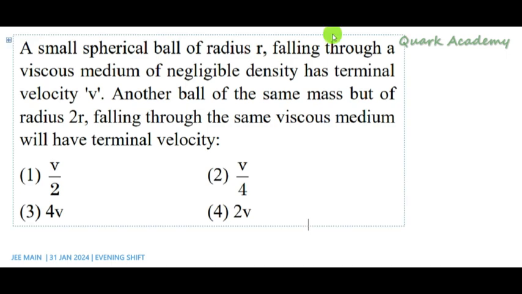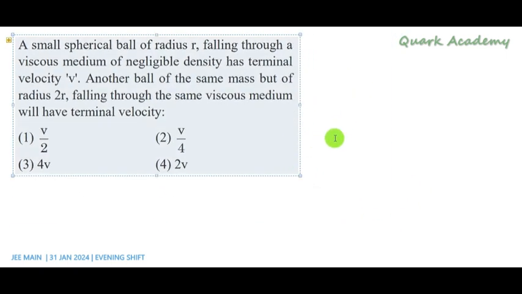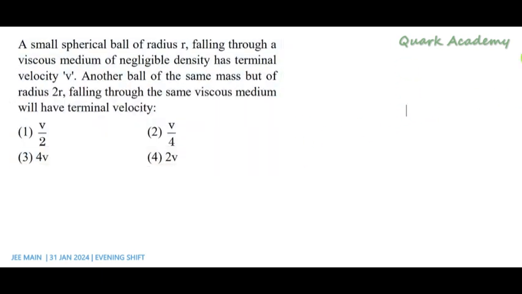So since it is viscosity and terminal velocity, you are not supposed to use the expression which you have learned already, where along with viscous force, buoyant force will also be there. Since here medium of negligible density is mentioned, so we need not consider buoyant force, which is also negligible. So if we consider the ball whose mass is m, then only two forces are going to act.